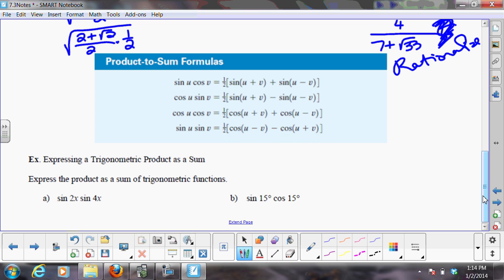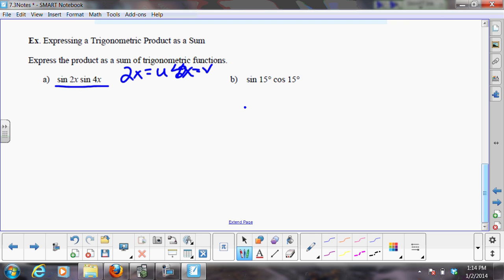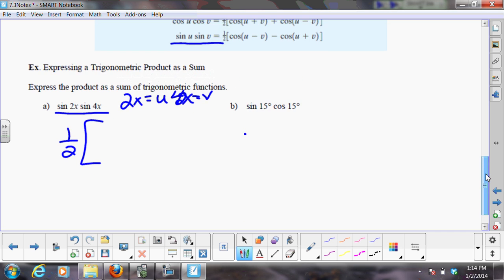So if we're doing product to sum formulas, you literally just have to match up. So sine, sine, sine, sine. All you have to do is fit in the pieces. 2x is equal to our u. 4x is equal to the v. So I have 1/2. Oh, let me get that formula back up.